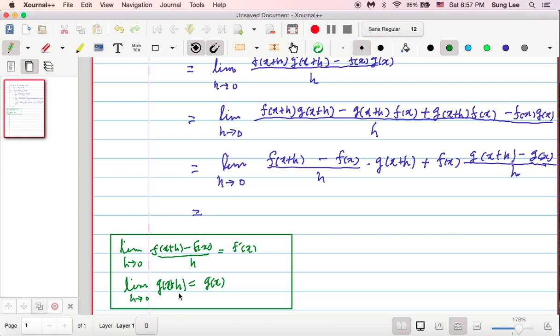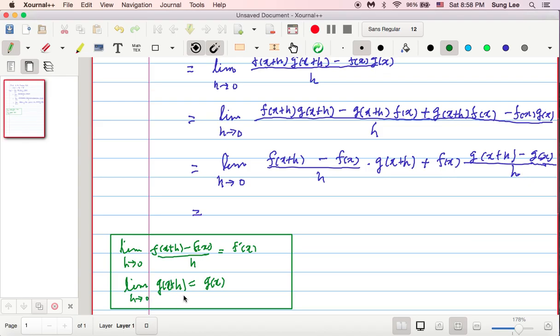Remember, in case g is a continuous function, the limit can go inside the function g. I mean, that's not really the mathematical way of saying it, but that's easy to understand, right?